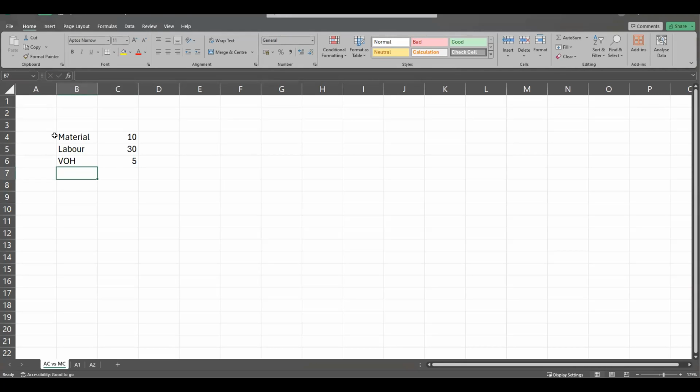Now, one really important thing about variable costs to learn and to understand is that per unit, they will remain constant. But as, of course, we make more units, our total variable cost will increase. So let's think about a very simple example. Here, our variable cost is £45 per table.